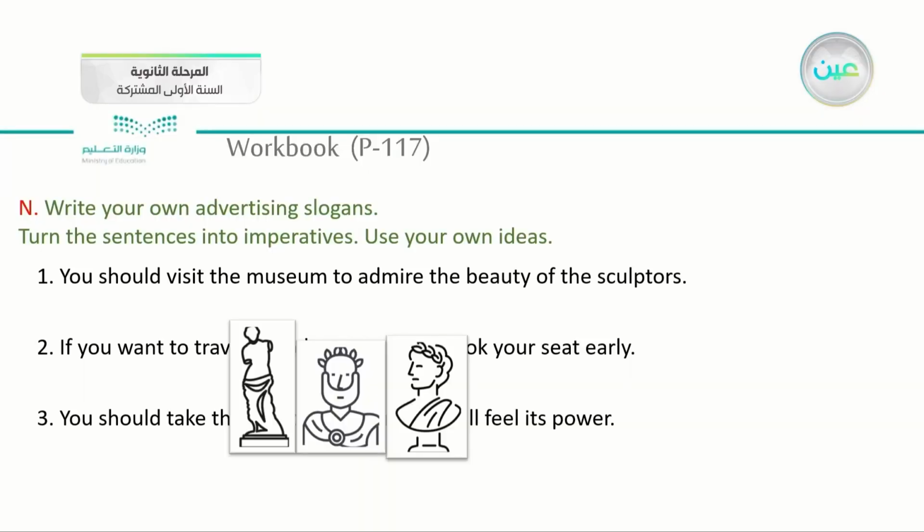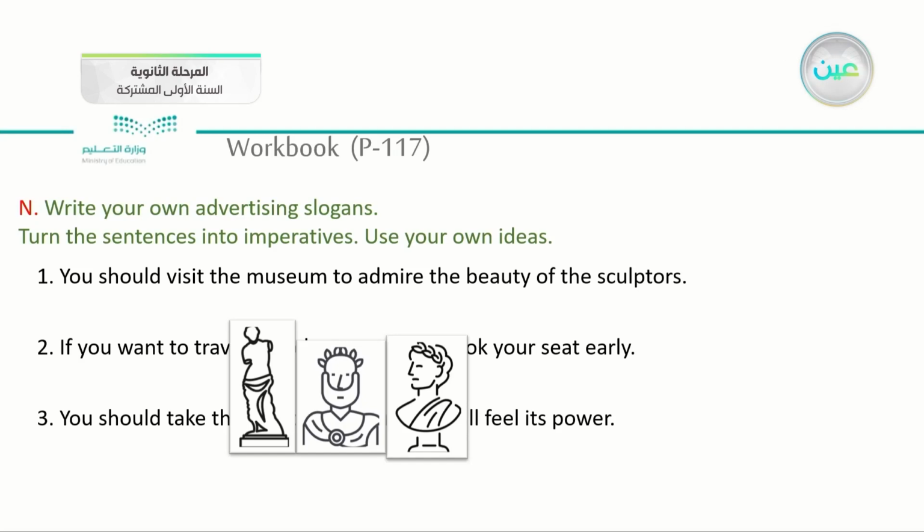Okay, now let's look into your workbooks, page 117, exercise N. Write your own advertising slogans. Turn the sentences into imperatives. Use your own ideas. You're doing the same thing. We will read and you will come up with the slogan, which is the advertising.